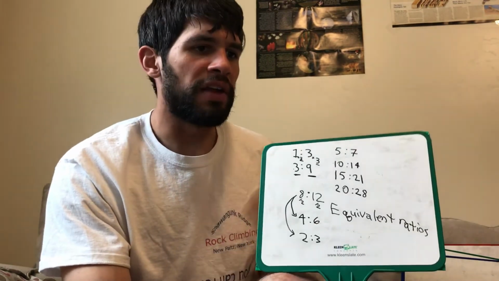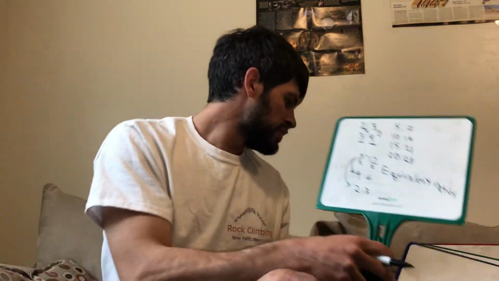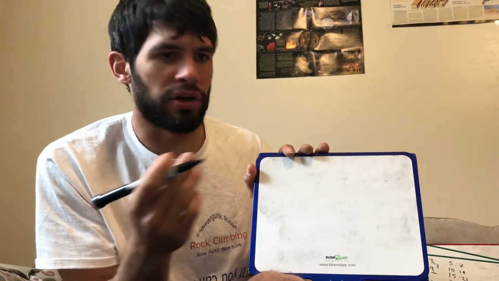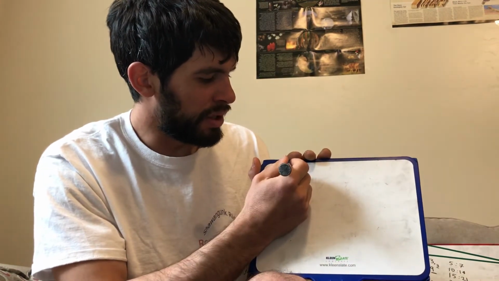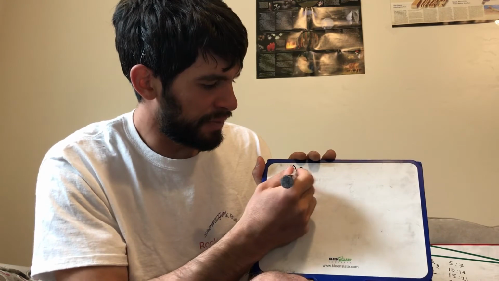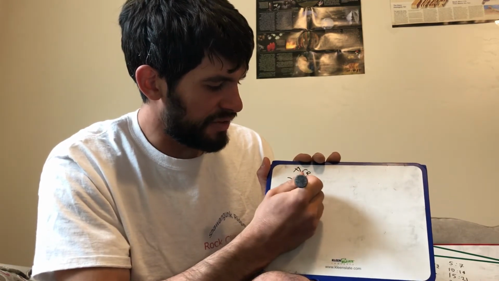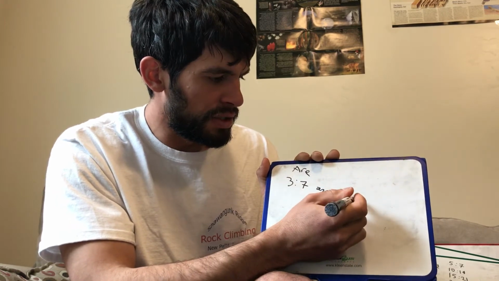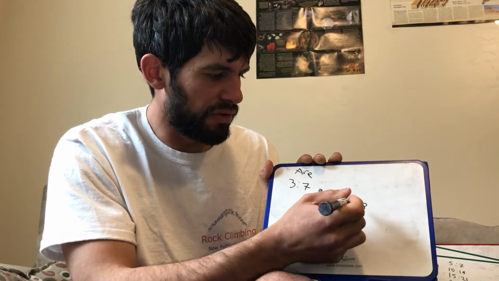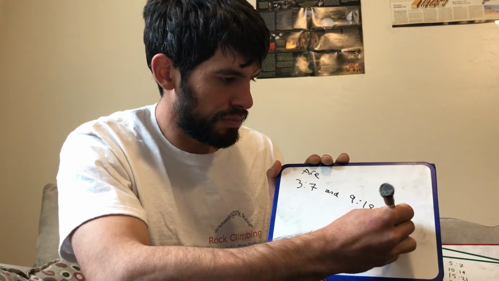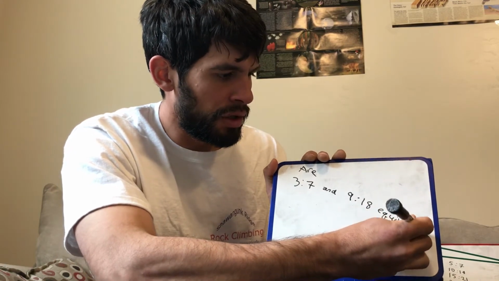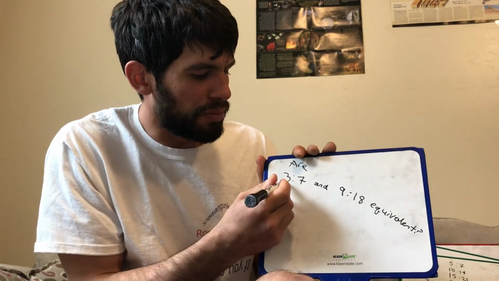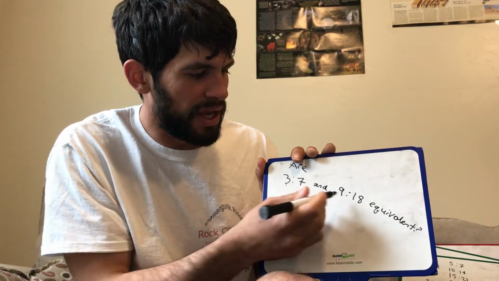Let's go over a couple of exercises that you might see with these. One thing you're going to be asked is whether two ratios are equivalent. Suppose we are asked, are 3 to 7 and 9 to 18 equivalent? The way we check this is we see what we have to multiply the number in one ratio by to get the number in the other.